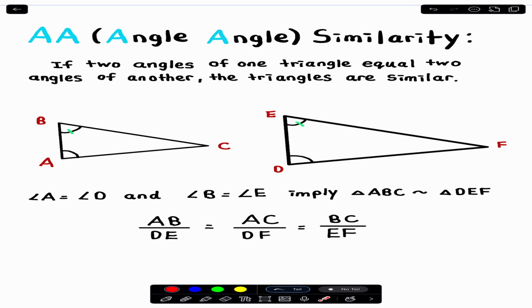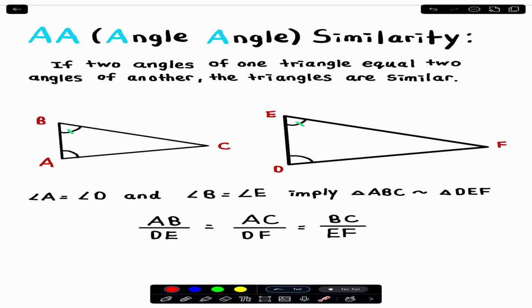As we can see, in this example, angle A, this one over here, equals angle D. And angle B equals angle E. How do I know that? This little green tick indicates that angle B is equal to angle E. Together, this implies triangle ABC is similar to triangle DEF.